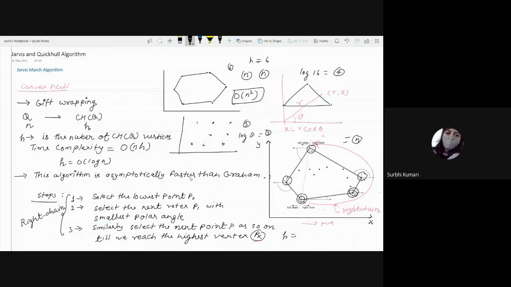Yes, sir. Clear, sir. Is it clear? Yes, sir. So this is the logic behind the Jarvis algorithm and the quick hull algorithm. And of course you can see in the Graham-Scan algorithm, the computation steps are a little bit high, as someone was stating, and you can read the algorithm.